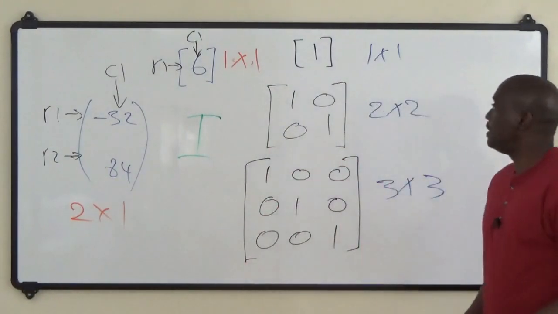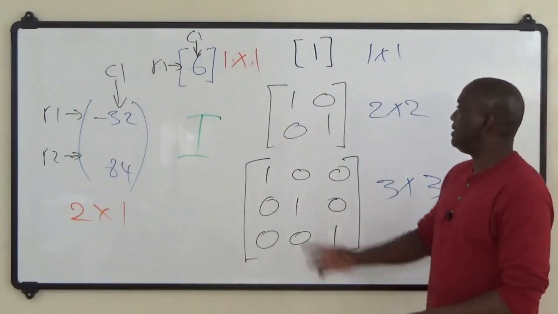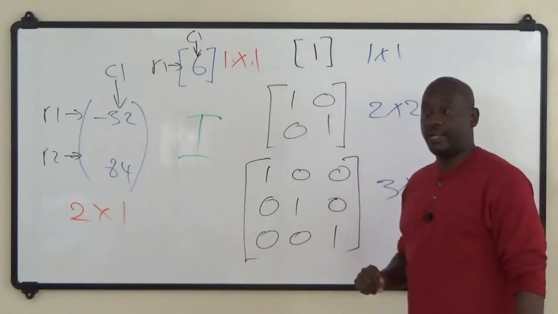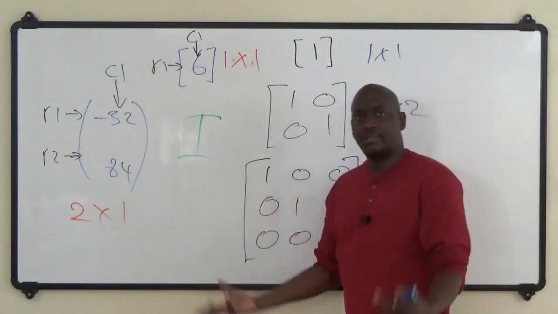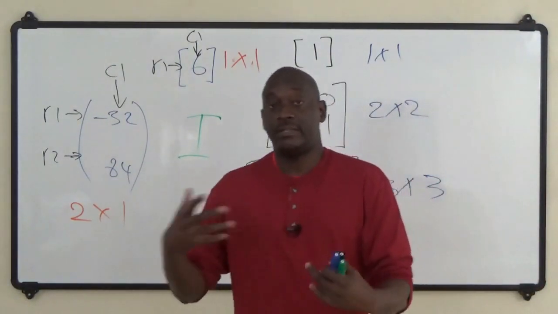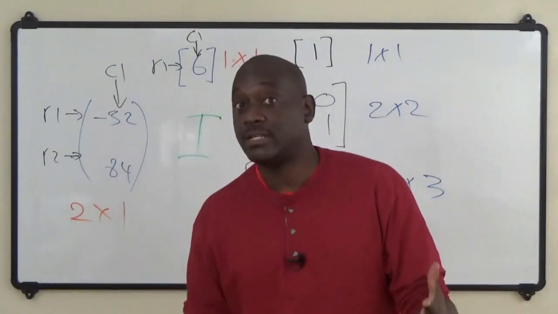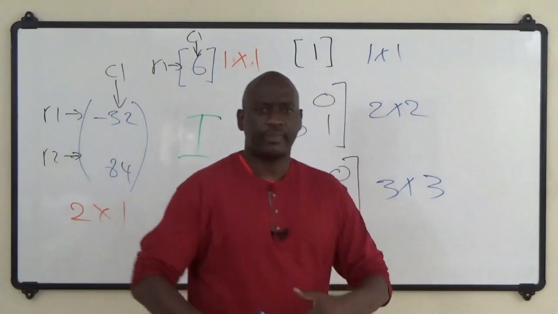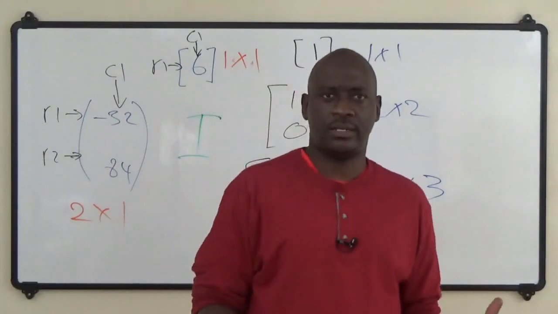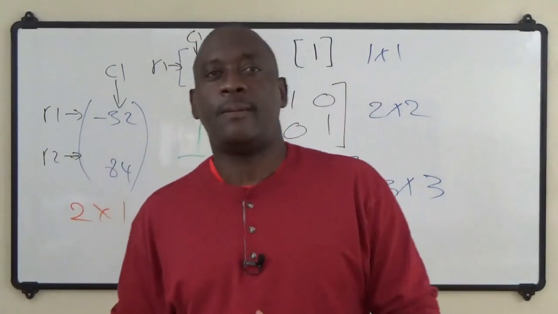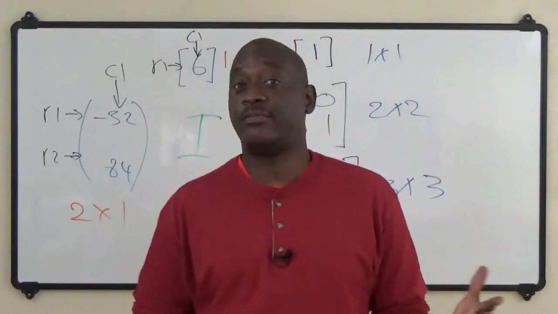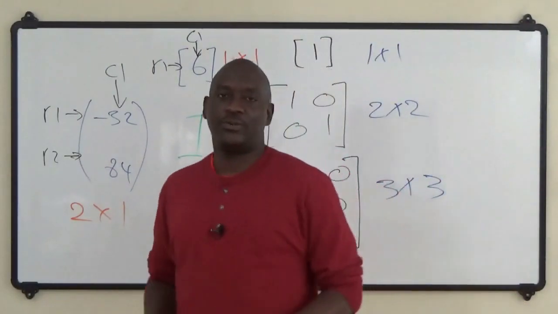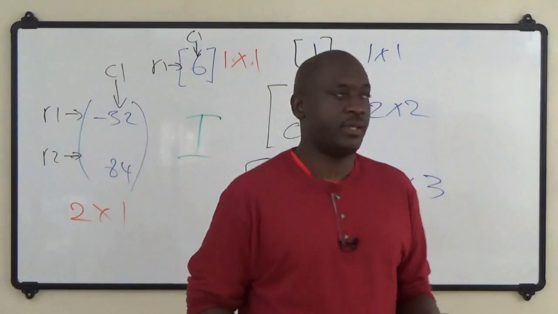All right? Now, we are familiar with this fellow here in our regular algebra. So we know that when they multiply by 1, the thing that they multiply by 1 doesn't change. 6 by 1 is 6. 25 by 1 is 25. Minus 10 by 1 is minus 10. 100 by 1 is 100. Minus 2,385 by 1 is still minus 2,385.